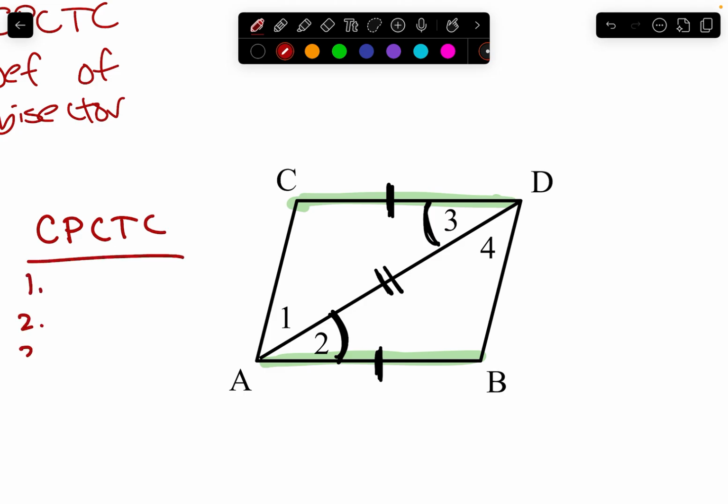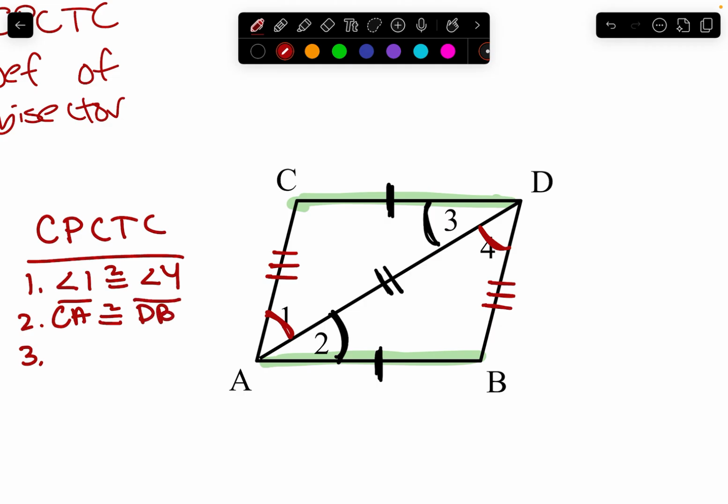I need 3 other congruent parts. So we could say that angle 1 is congruent to angle 4. We've got CA is congruent to DB. And then lastly, we've got angle C being congruent to angle B.